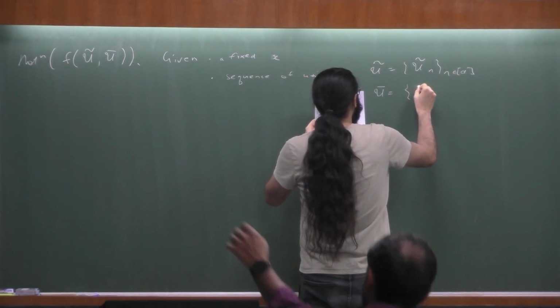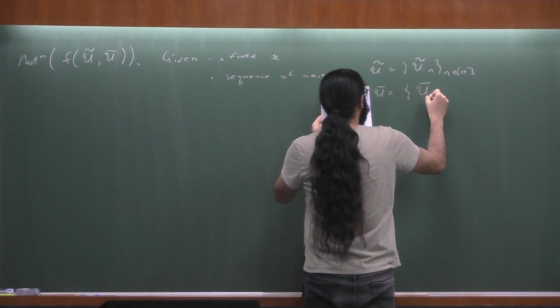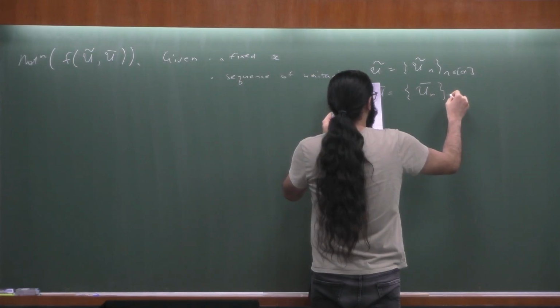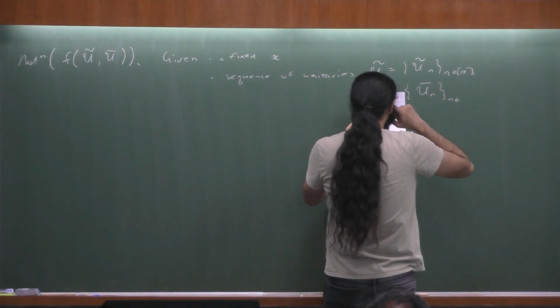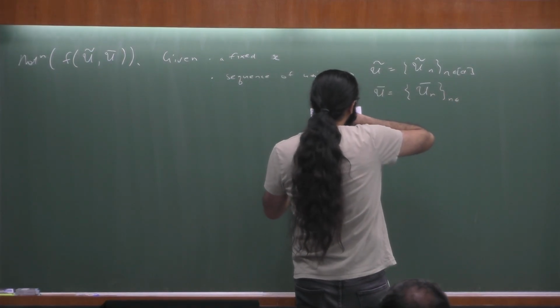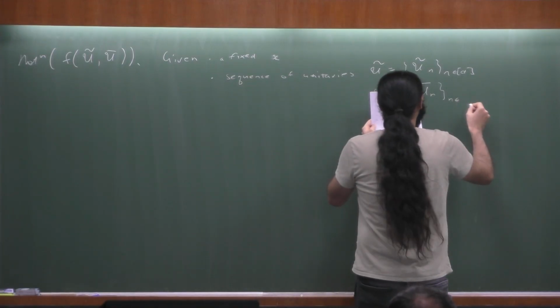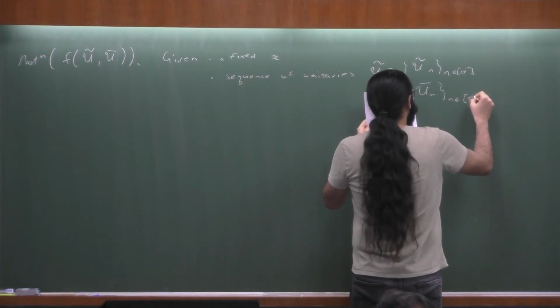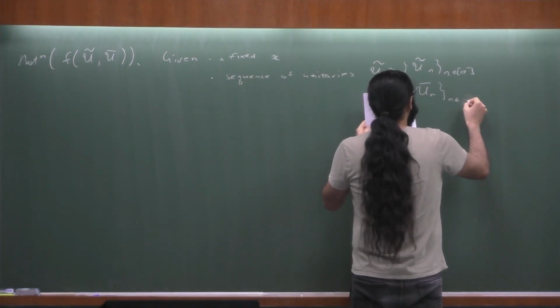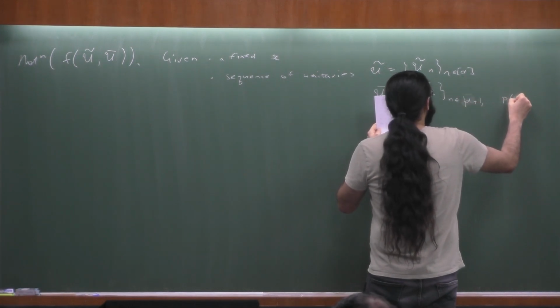D was supposed to be some log in the dimension. So when you exponentiate it, it stays polynomial, and then these were the remaining ones, from d plus 1 to p of x.